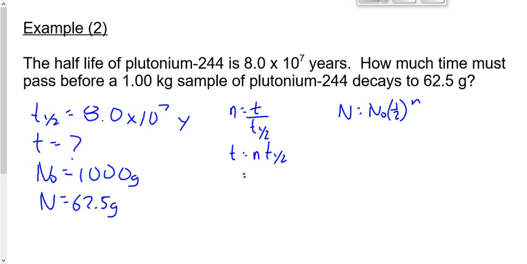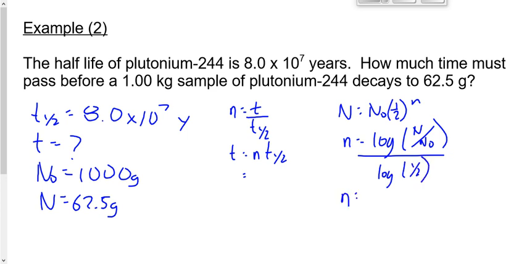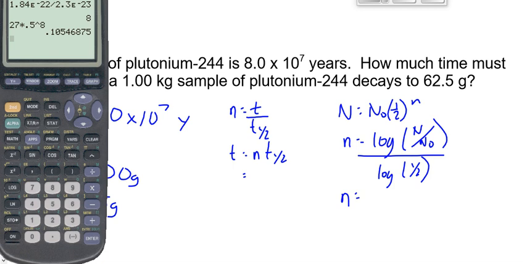We're going to say n is equal to log n over n0 over log 1/2. If that does not make sense to you, what I just did, don't worry about it. Use the other way. If it does make sense, then choose between this way or the other way. Let's say log n over n0.